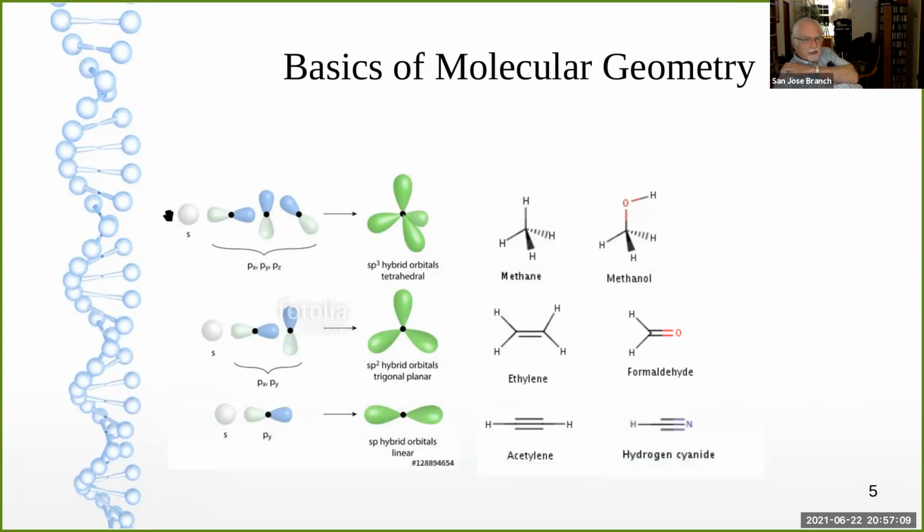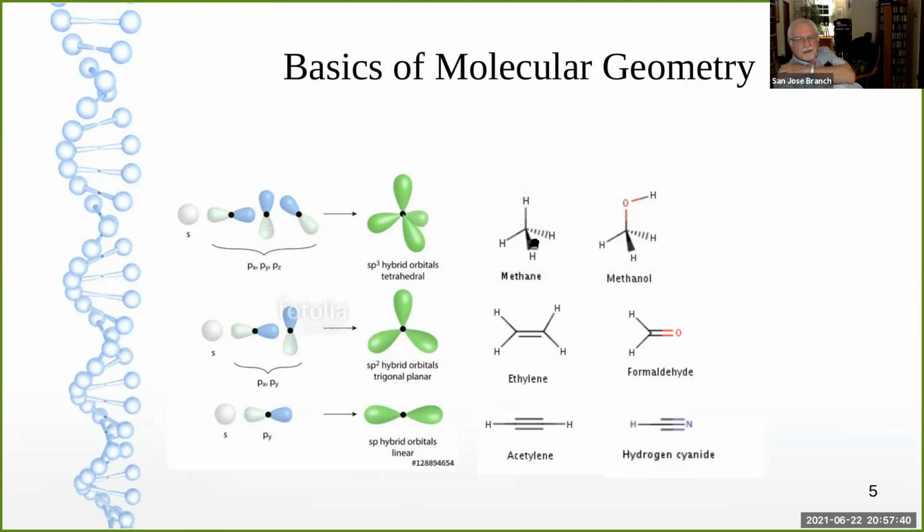So you can look at that right here. If you take an s orbital, which is spherical, and then you take 3 p orbitals, which are oriented in the x, y, and z directions, they're like little dumbbells, sort of. And you combine those, you get sp3 hybrid orbitals. And this is just the mathematics that Linus Pauling worked out. And they have a tetrahedral orientation to them.